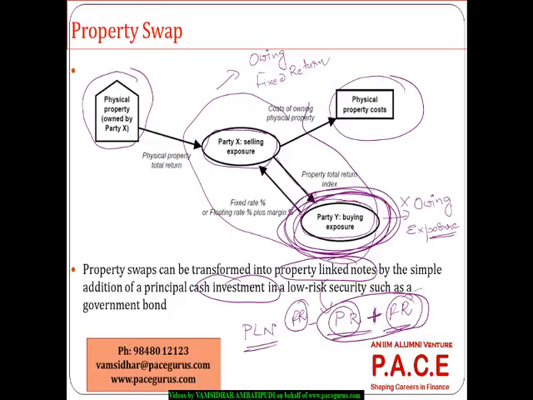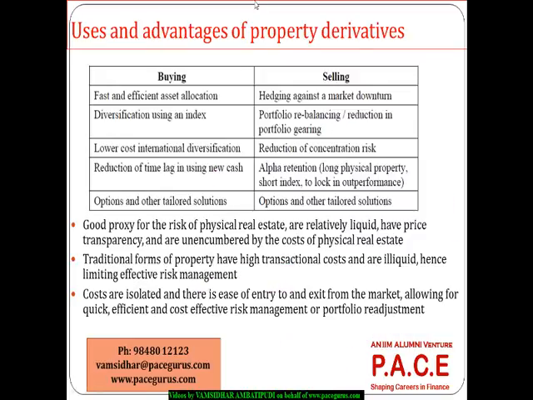So overall what he is getting is a property return, a bond which is virtually linked to the property itself. So the property swap is constructed into property linked notes, another kind of instrument, through this kind of mechanism.